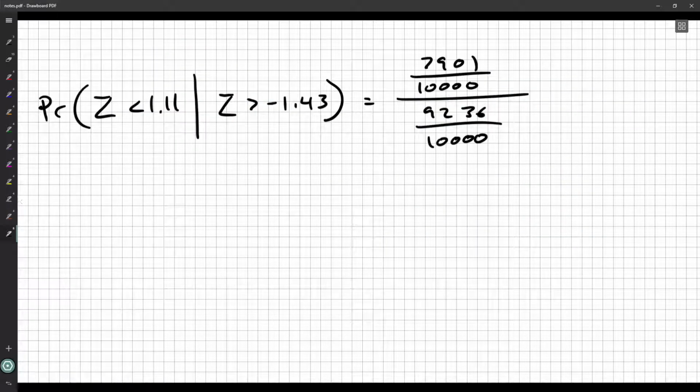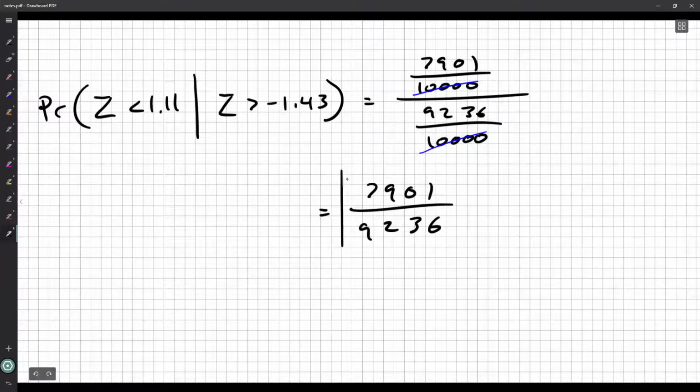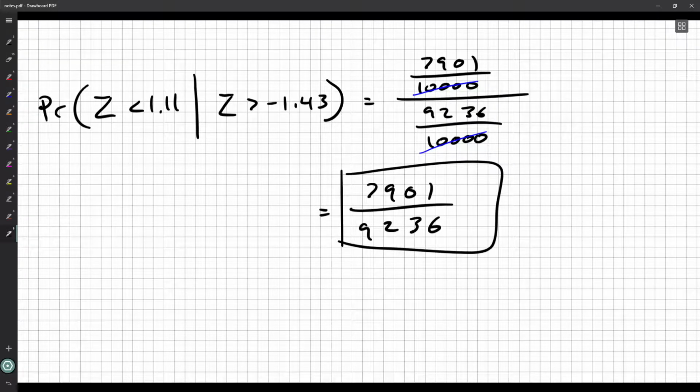If we go to 4 decimal places, just write those 4 digits over 10,000. Then we can flip the bottom one and multiply, or you can just say the 10,000s cancel out. So 7901 over 9236. It doesn't look like those are going to simplify, so I'm just going to leave it as is. Maybe there's a factor of 7 or something that I'm missing, but I think we'll just leave it as is.